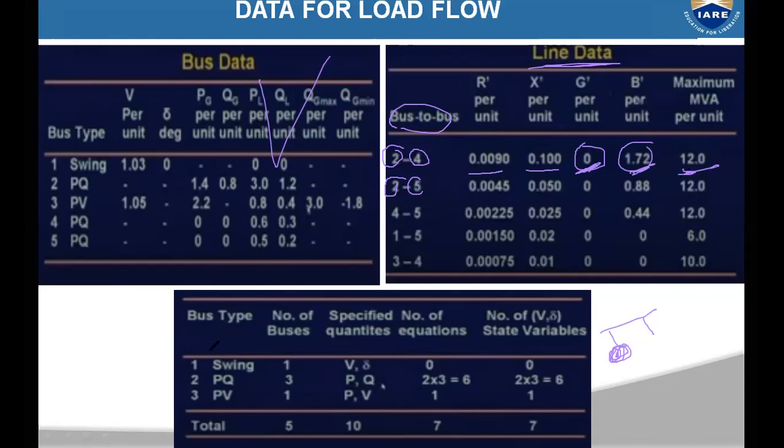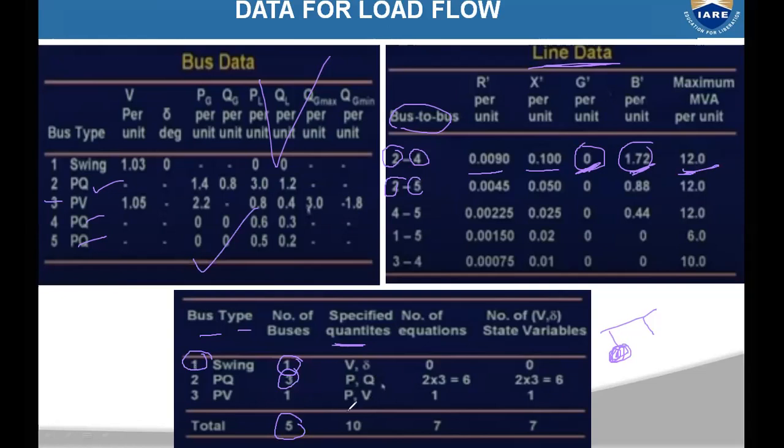Now if you observe the same problem, you have the bus type. You have one swing bus, and from the above problem 3 PQ buses are there, 1, 2, 3, right? And the PV bus is only one, the third one. So the total number of buses is 5. Now the specified quantities are V and delta for the swing bus, P and Q for the PQ buses, and P and V for the PV bus.